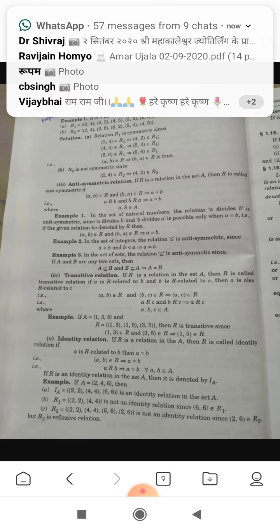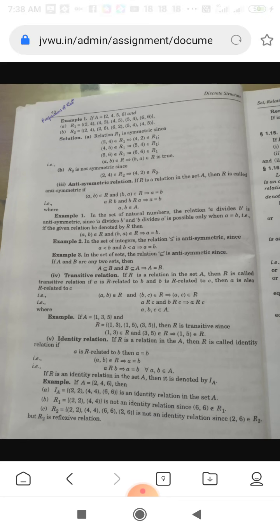For example, A is equal to {1, 2, 3}, and the relation is {(1,1), (2,2), (3,3), (1,2)}, then relation R is a reflexive relation. It is because A has three elements, and all three elements have their pair belonging to this relation. So a relation is called reflexive if (a, a) belongs to R.